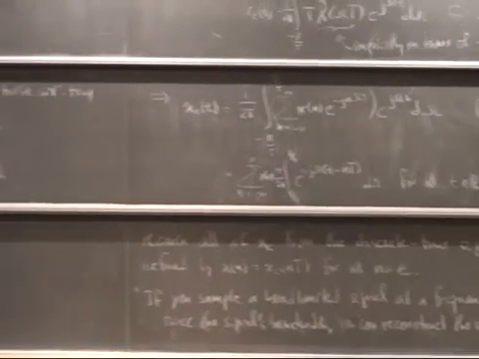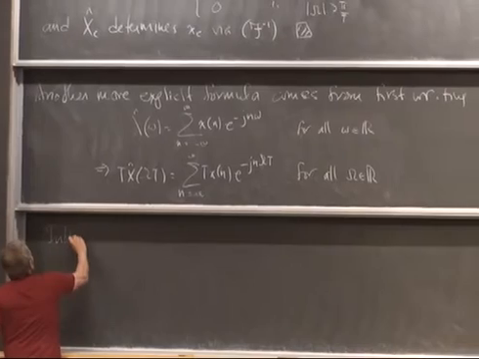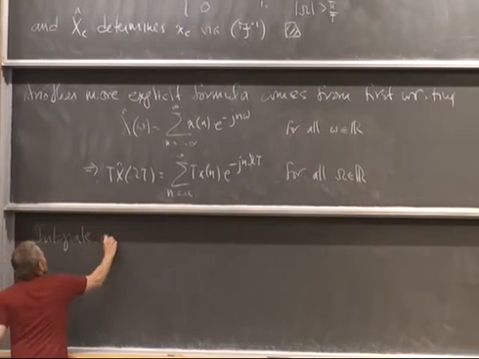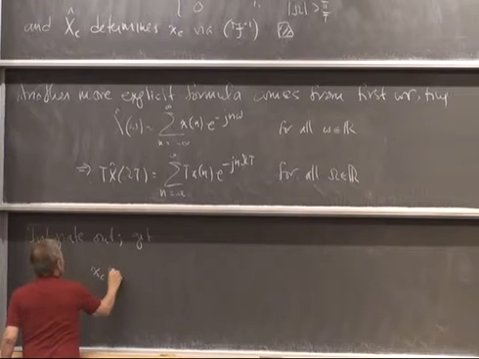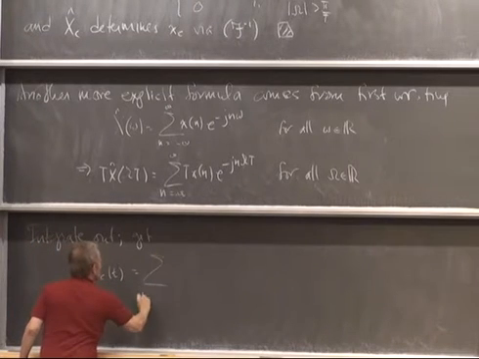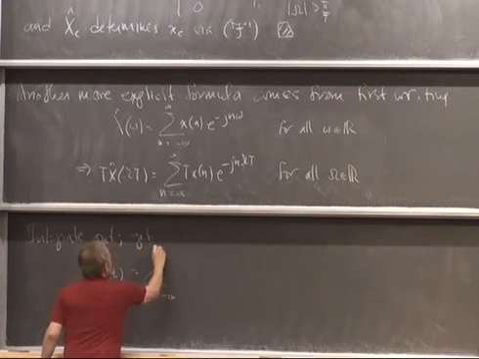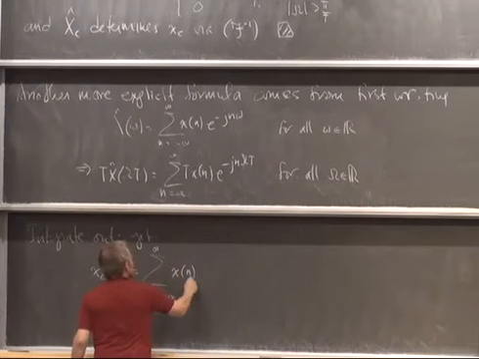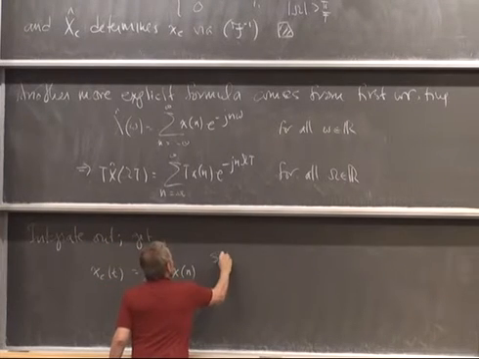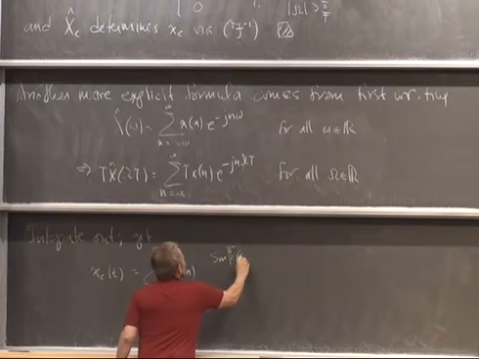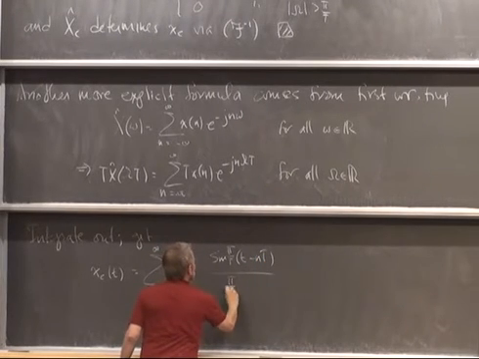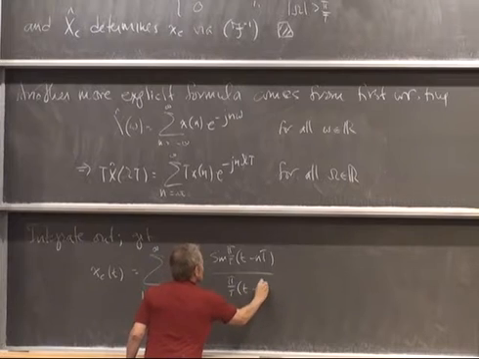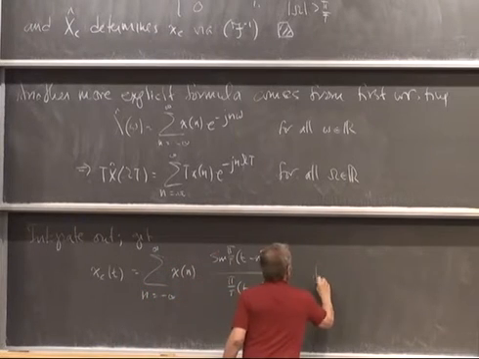So integrate it out, and you get this. X sub c of t is equal to the sum over all n, x of n times sine pi over t times t minus n cap t, divided by pi over t times t minus n cap t, for all t.